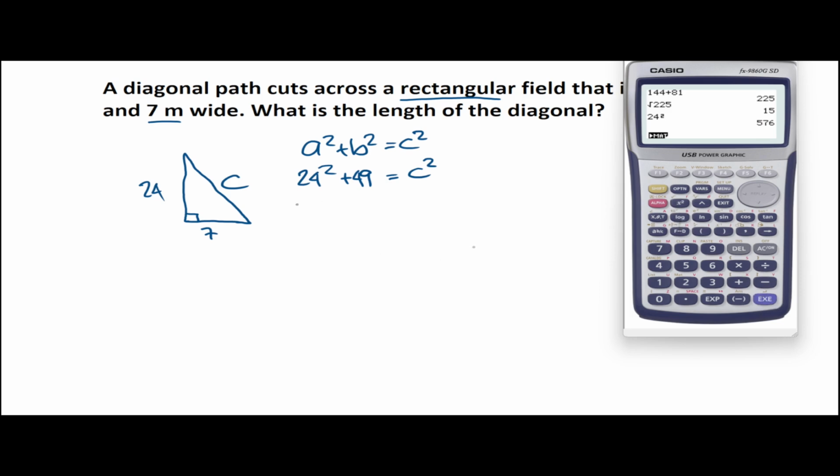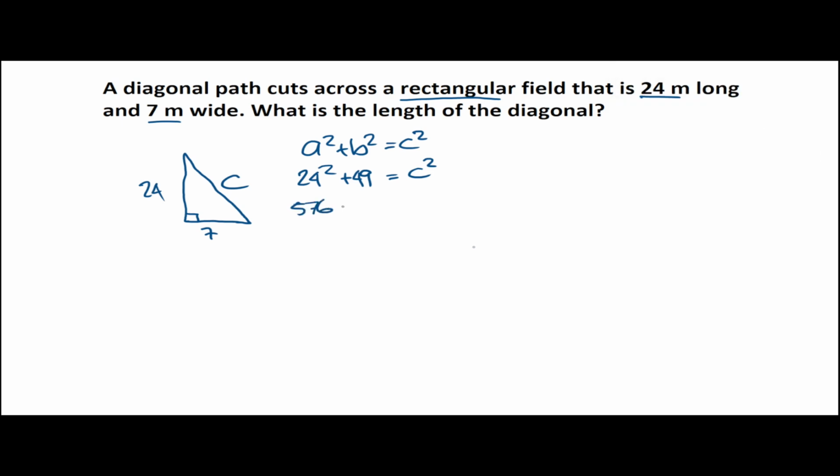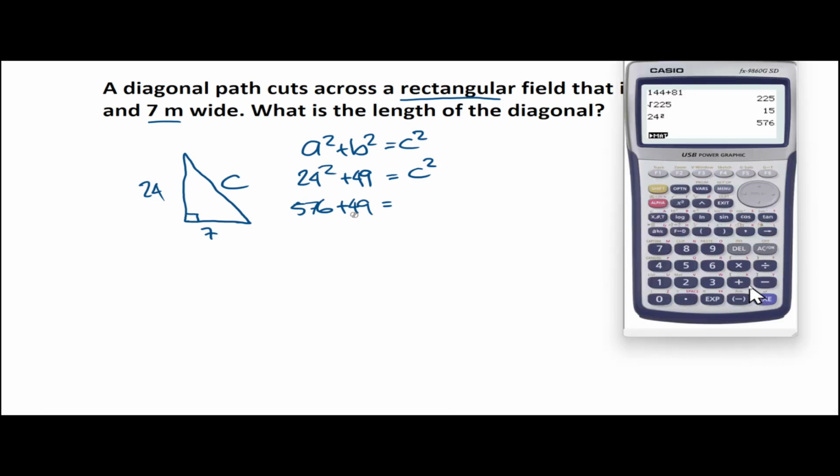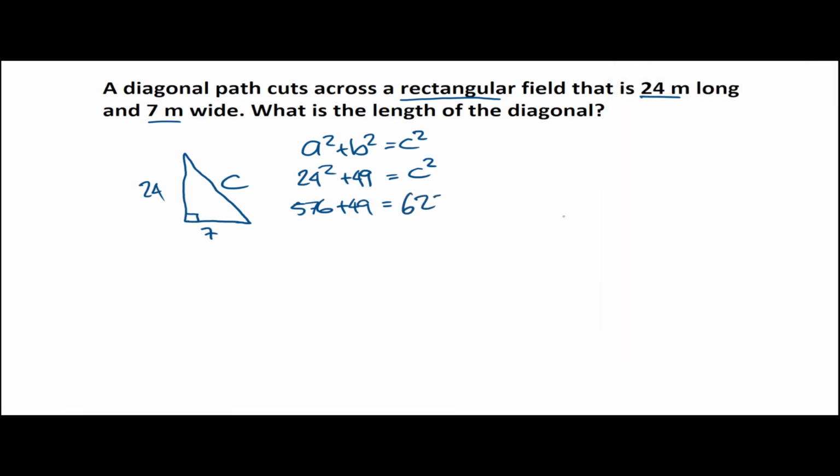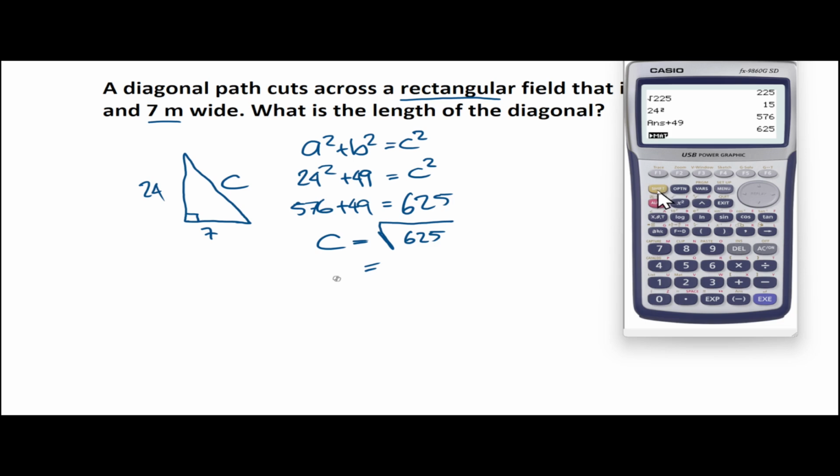Okay, 576 plus 49 is 625. So therefore c must be equal to the square root of 625. So the square root of 625 is 25.